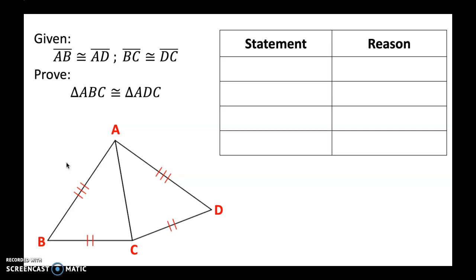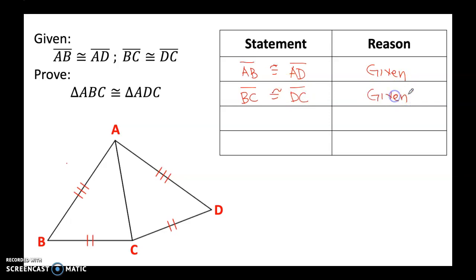So we have segment AB congruent to segment AD, reason given. Next, segment BC is congruent to segment DC, reason given.